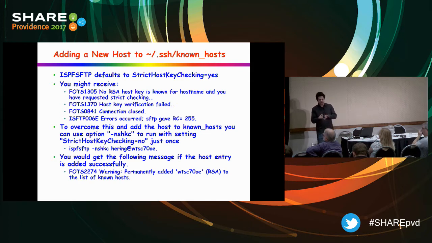So you'd say ISPF SFTP space, that cryptic thing, and then what you're trying to connect to. And there's some other options too. So if you get the situation where you have an unknown host, then you could just run this with that option. And at that point, you get the message where it tells you that it got added in. That's kind of standard SFTP stuff.